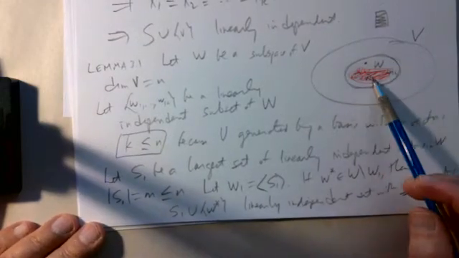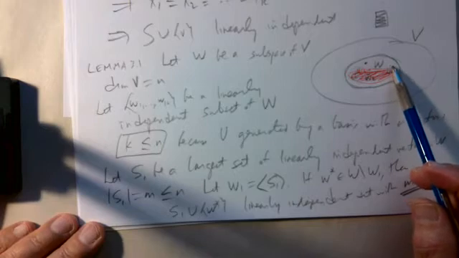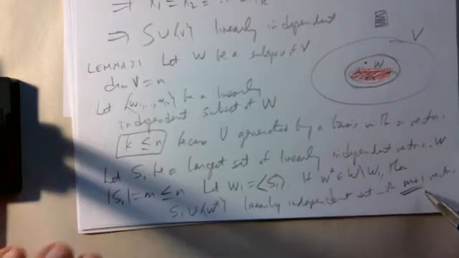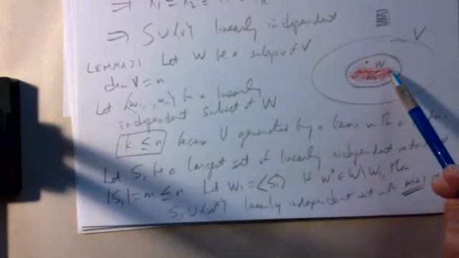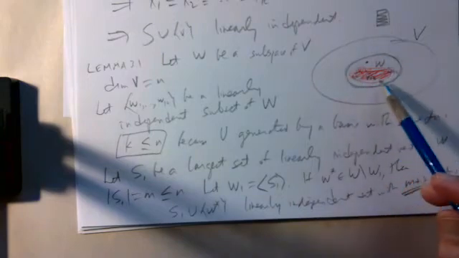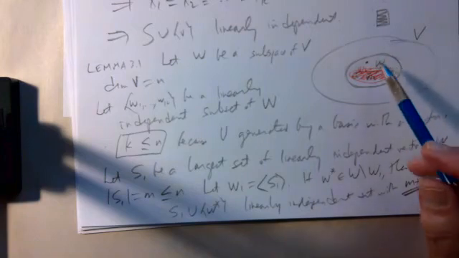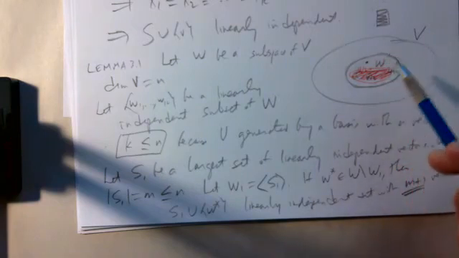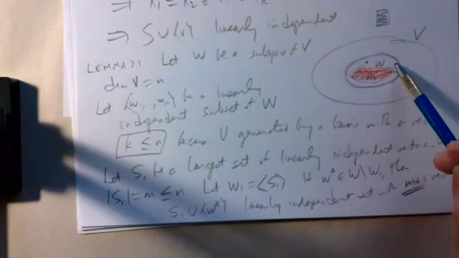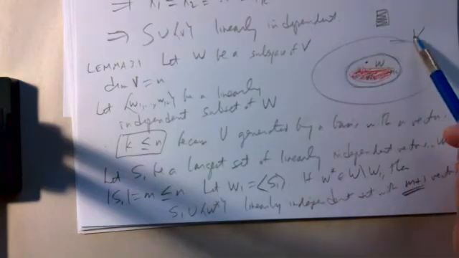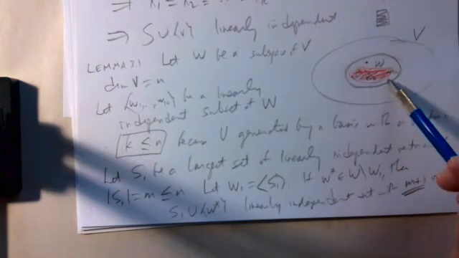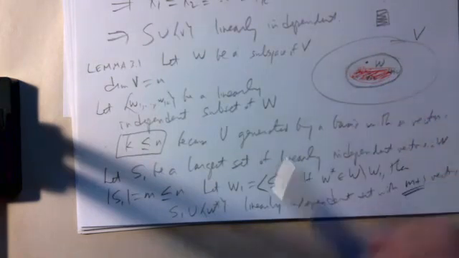But the largest subset of W that's linearly independent was S1 with m elements. There can't be a set of linearly independent vectors inside of W of size m plus 1. So in fact, this set S1 generates all of W. So it generates W, it's linearly independent, therefore it's a basis. And so that's what we did. So we just proved what we wanted to prove, that every subspace of V has a basis with at most n elements.